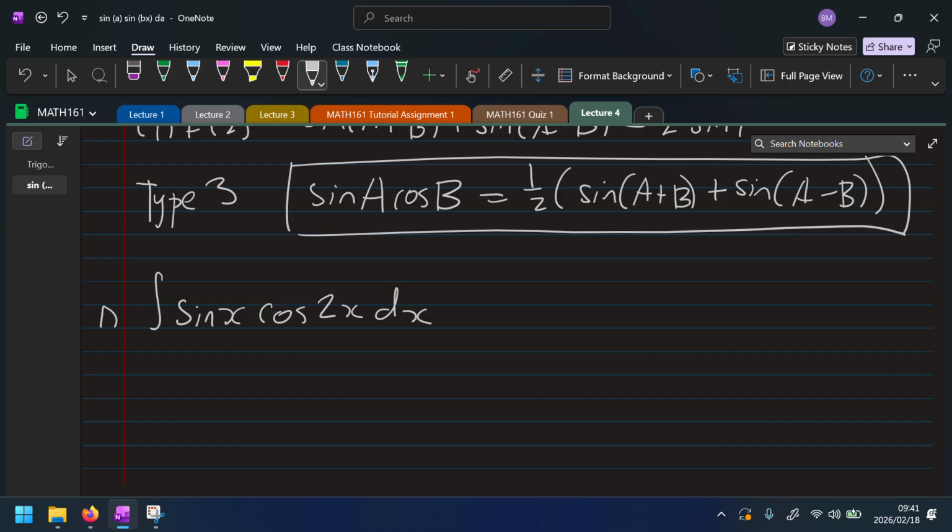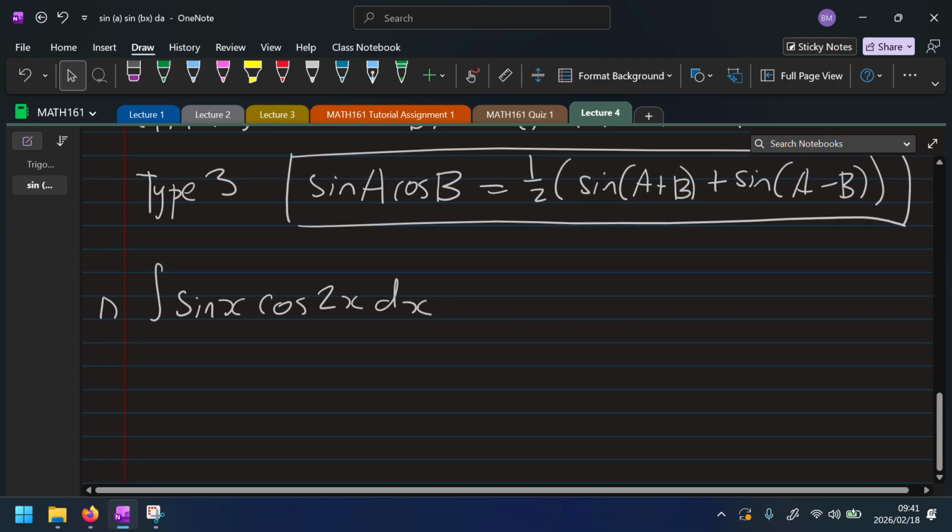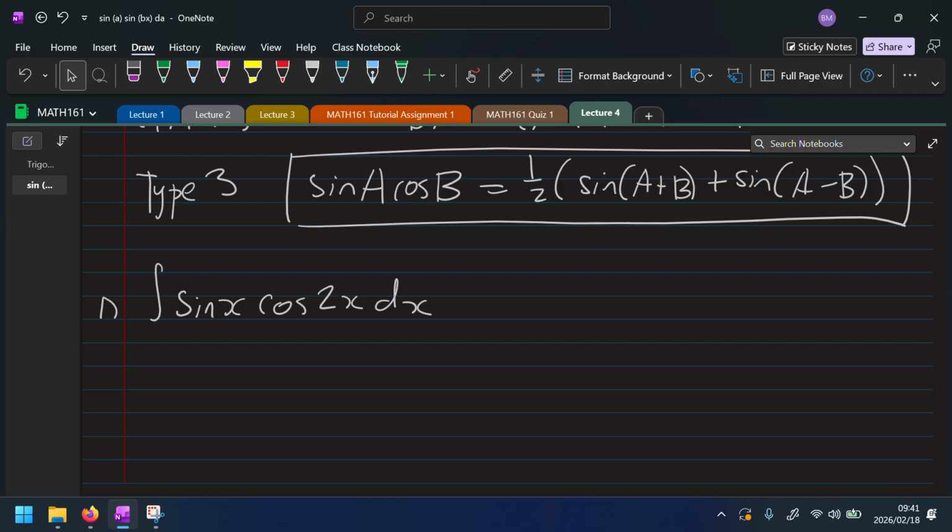But what we do have is something like sine A and cos B. So in this case, it will be sine A, so A will be x, and cos B, so B will be 2x. So when we do the sum and the differences on that right there, it's going to be x plus 2x, x minus 2x.